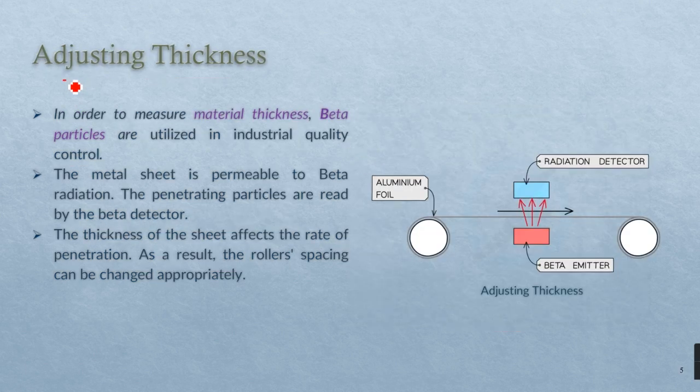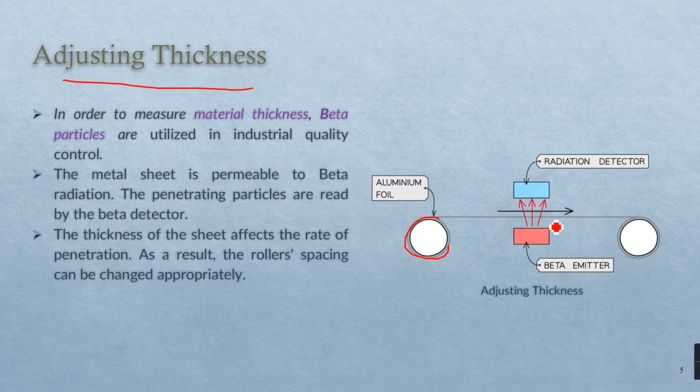Another thing is adjusting the thickness of aluminium sheets in some industrial applications, where you have the aluminium foil being rolled out using rolling pins, and then beta radiation is shot through, and the radiation passes through the aluminium, and the thickness will absorb some of those beta particles.